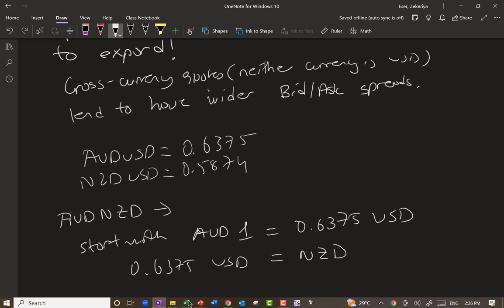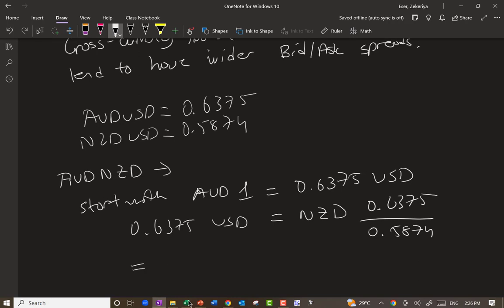That's going to equal how many New Zealand dollars? Since the exchange rate tells me the value of 1 New Zealand dollar in US dollars, if I want to go the other way around, I'm going to divide instead of multiply. Since my Excel already made that calculation, 108.72.